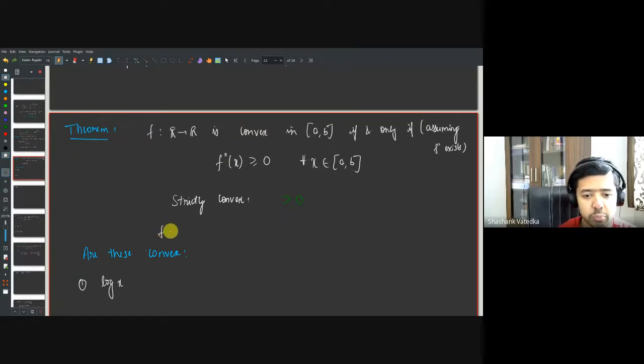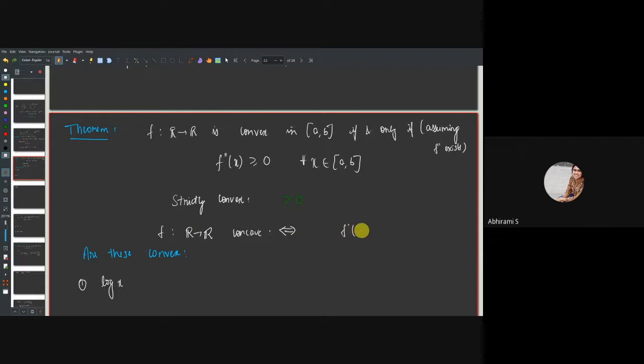what is the corresponding condition for f to be concave? What can you say about the second derivative? Second derivative less than or equal to? Exactly.